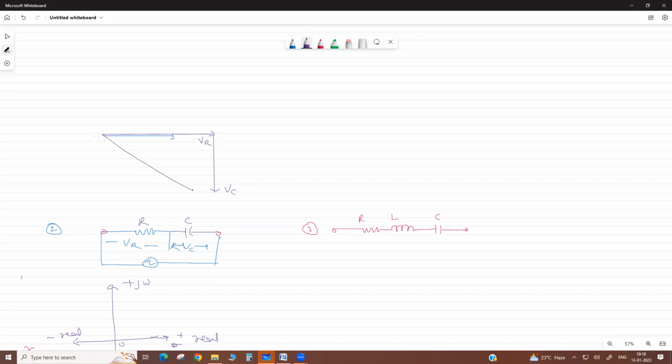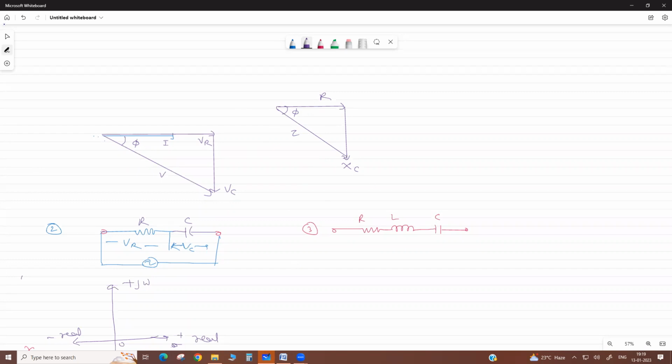Then this will be your total V. Then see total V and total current. This is I. So this is phi. It is a lagging negative angle. Same like your capacitor, the impedance: this is R, and this, as I told you, is negative XC. Then this will give you Z. This is phi.